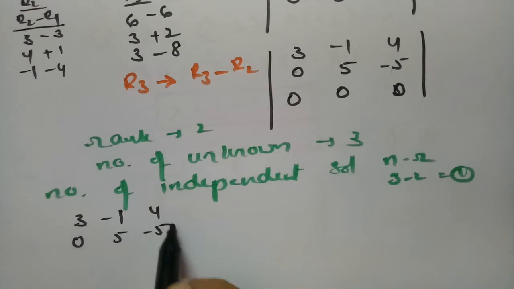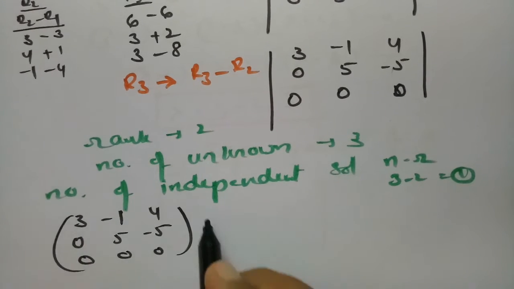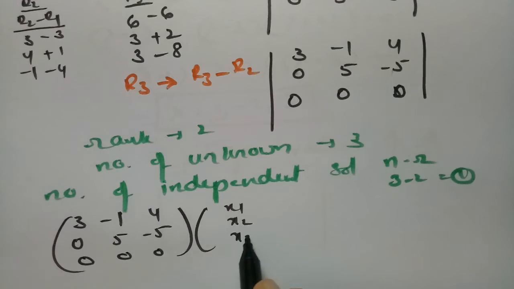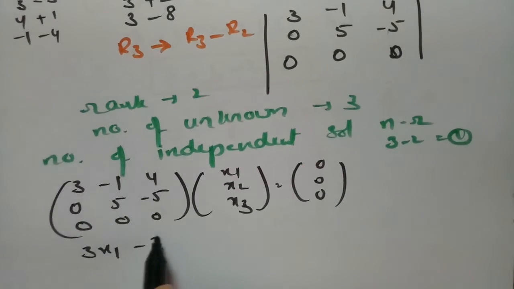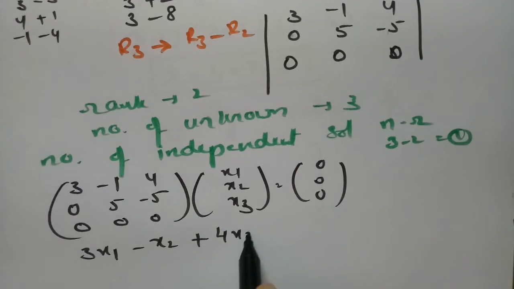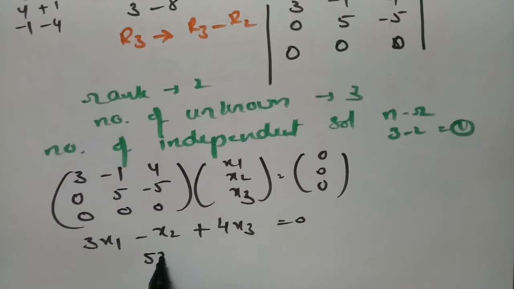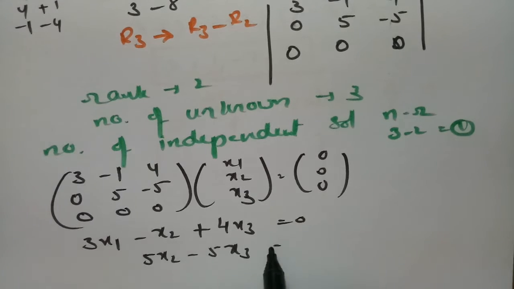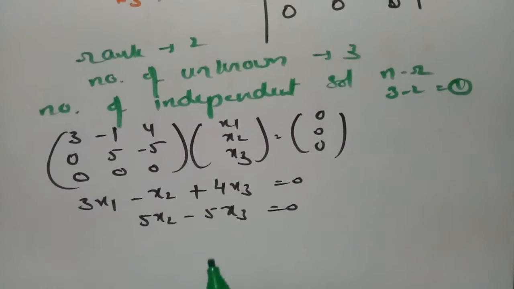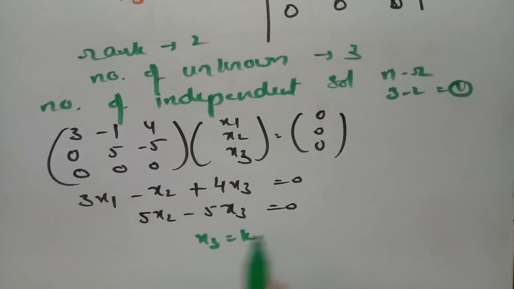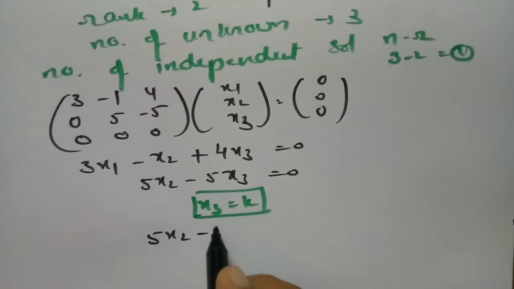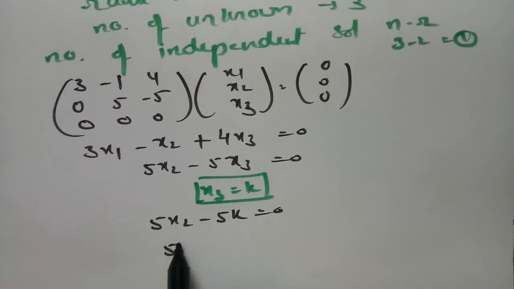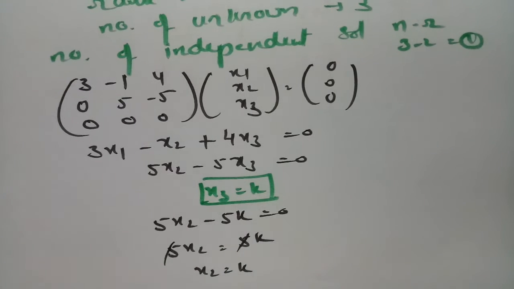So the matrix is 3, minus 1, 4; 0, 5, minus 5; 0, 0, 0, into x1, x2, x3 is equal to 0, 0, 0. So this is 3x1 minus x2 plus 4x3 is equal to 0, and 5x2 minus 5x3 is equal to 0. One independent solution I can take, that is x3 is equal to k, I'll choose. If I substitute, 5x2 is equal to 5k, so x2 is equal to k.